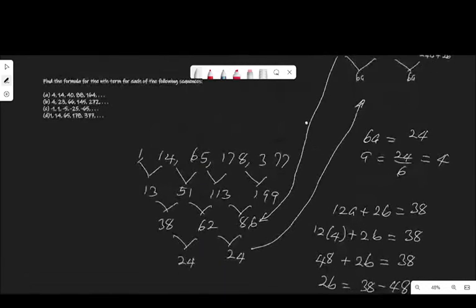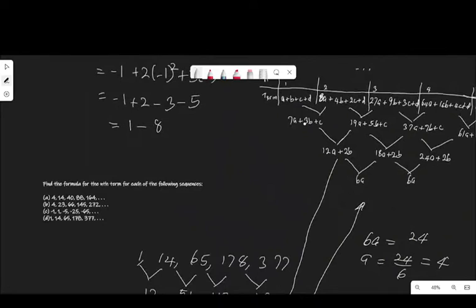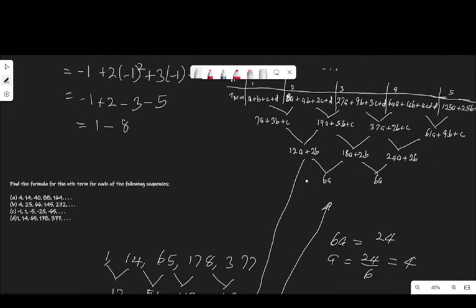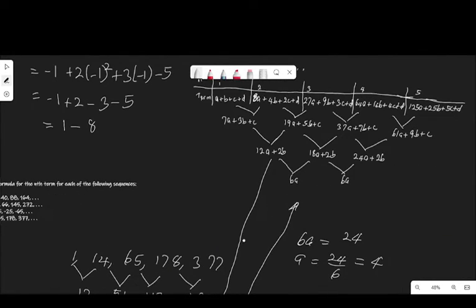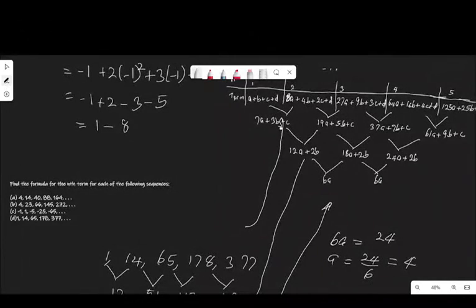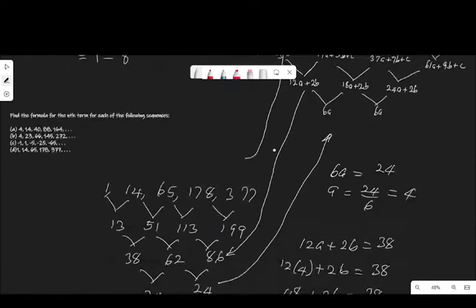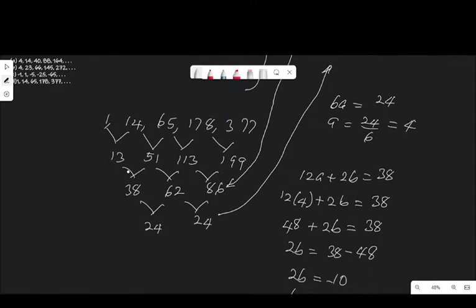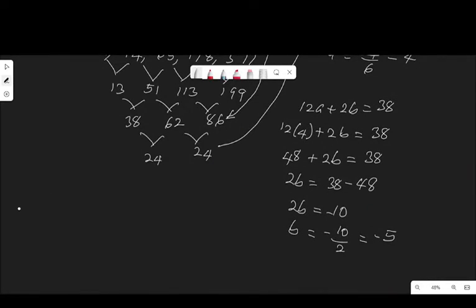And to get the value of c, we compare this row. Let me start here. Compare this row with this row here. 7a plus 3b plus c equal to 13.